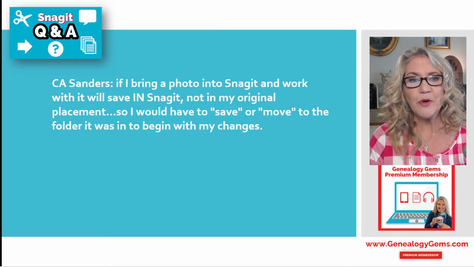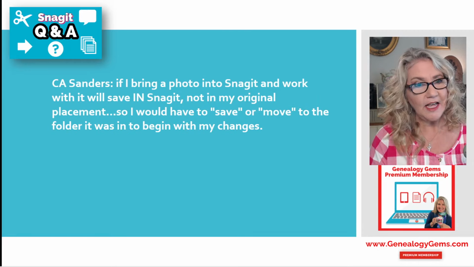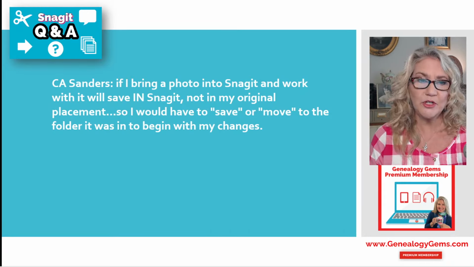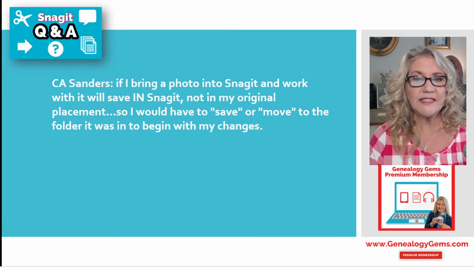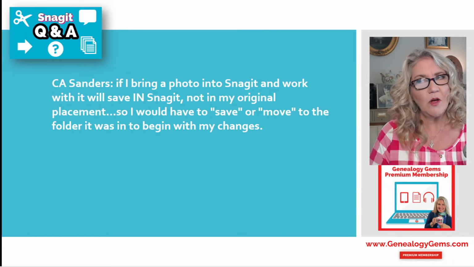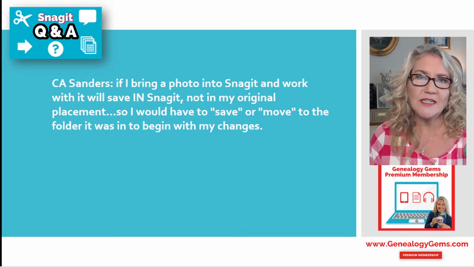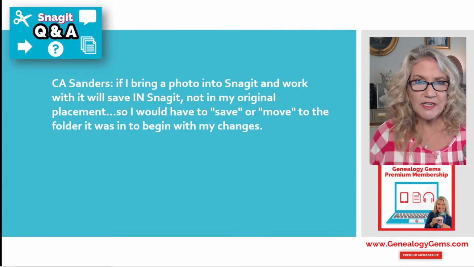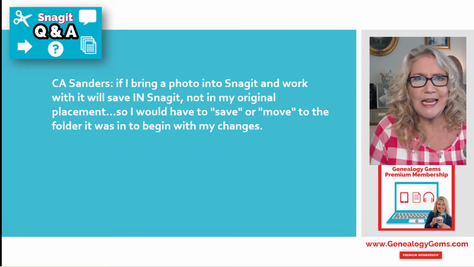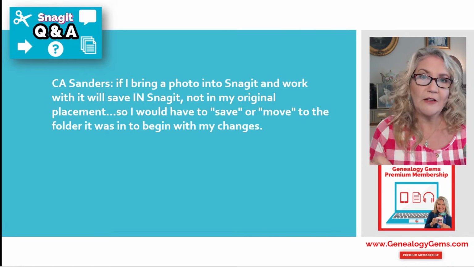CA says, if I bring a photo into Snagit and I work with it, will it save in Snagit, not in my original placement? So I would have to save or move to the folder it was to begin with my changes. Yes, so if I understand you correctly, what it does is initially it captures it and saves it in Snagit. It's actually a .snag or something like that, file rather than a JPEG.